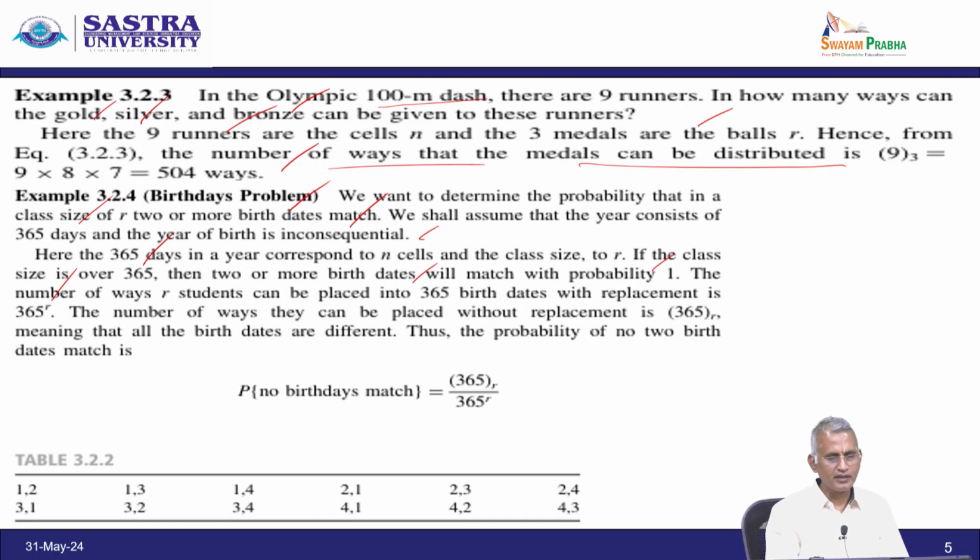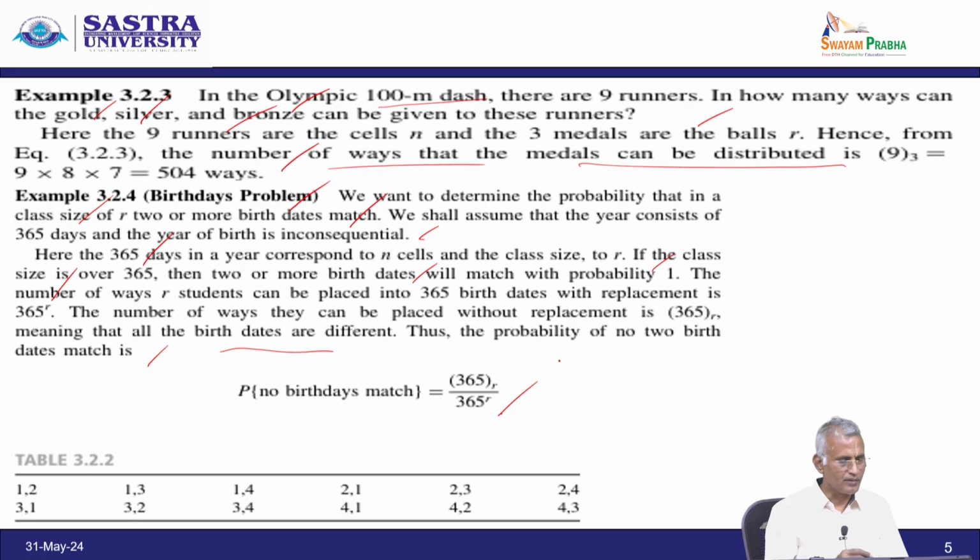The number of ways they can be placed without replacement is 365Cr, where all the birth dates are different. Therefore, the probability of no 2 birth dates matching is 365Cr divided by 365 power r.